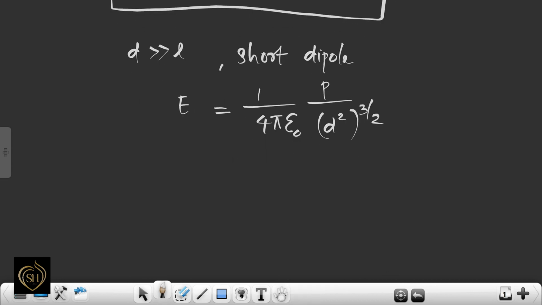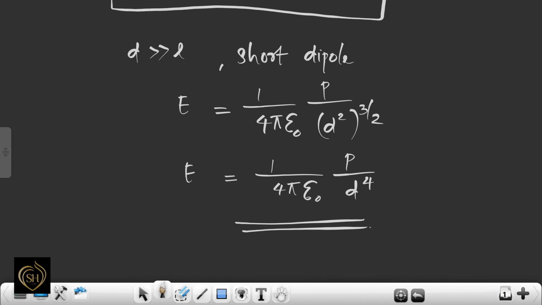This will be E is equal to 1 by 4 pi epsilon 0 P divided by d cube. This is the intensity of electric field at an equatorial point of a short electric dipole.